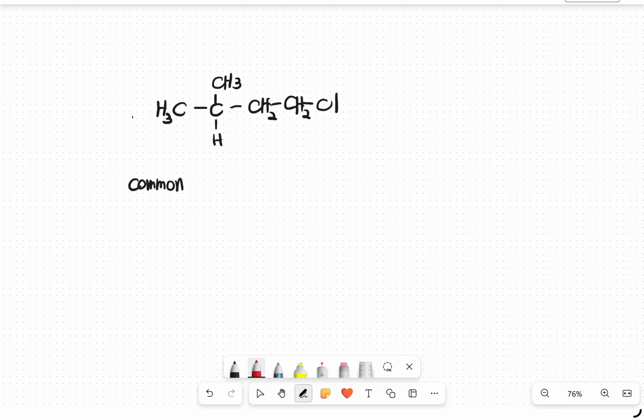When you look at this, 1, 2, 3, 4. Look at the second last carbon, which is carbon number 3, because the last carbon is 4. Carbon number 3 has an alkyl group attached. As long as there is an alkyl group attached to the second last carbon, then this will automatically be iso.